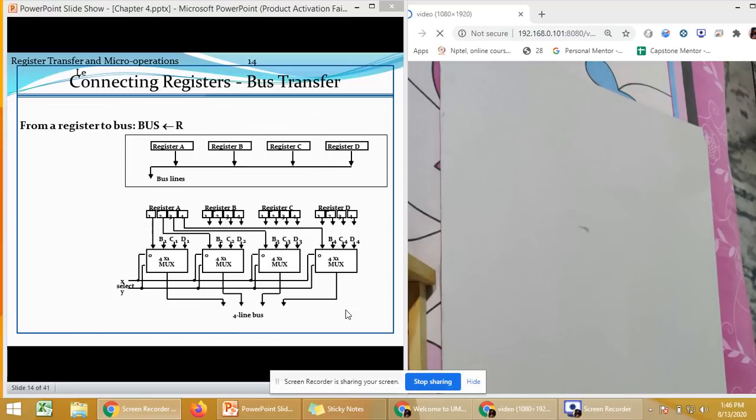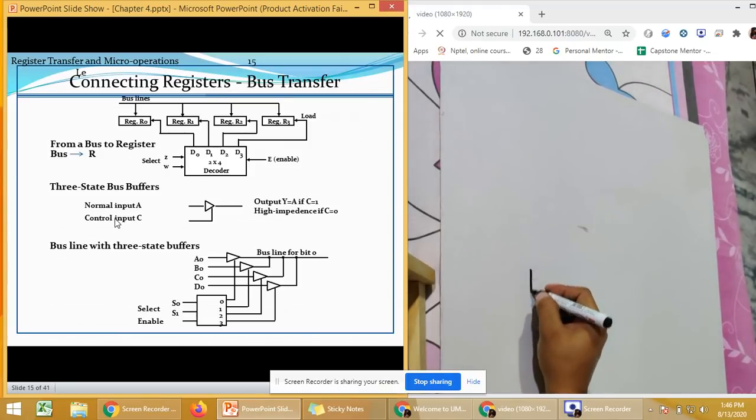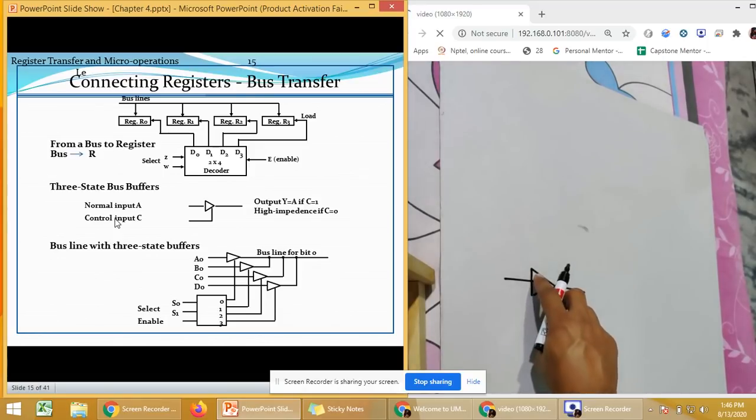Okay, so I will first tell you what a three-state buffer is, and then we will discuss how we are going to use it in the circuit. So this is a three-state buffer. There is no difference between a simple buffer and a three-state buffer, except that a three-state buffer has an enable line.